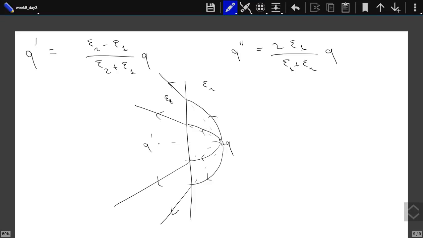So these are how the electric field lines will look like. They are not continuous. There are corners or kinks at the interface.